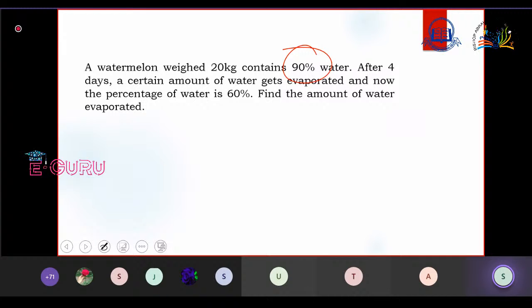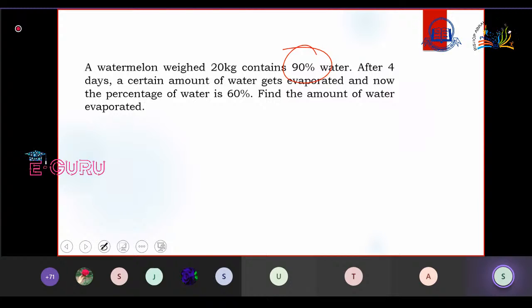Evaporation will happen only to the liquid part, not the solid part. That is the basic thing you need to understand.